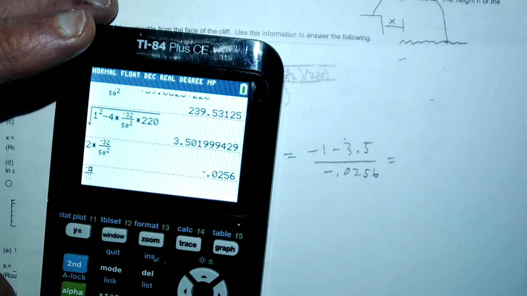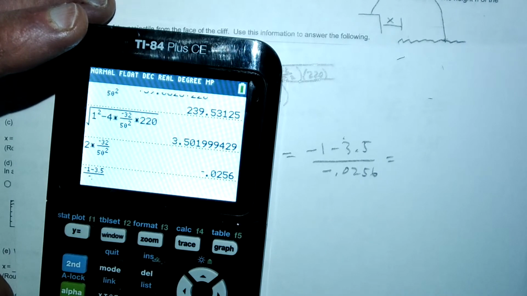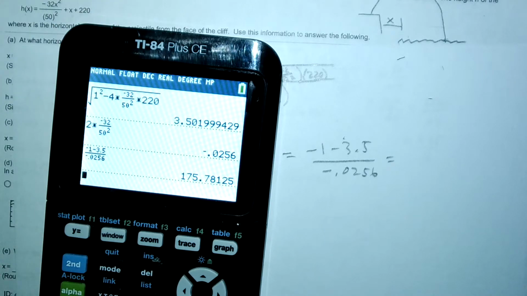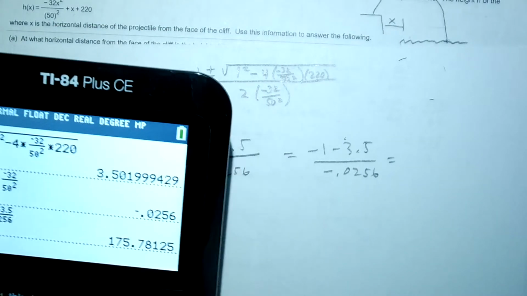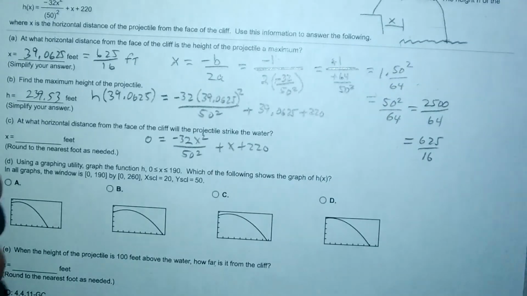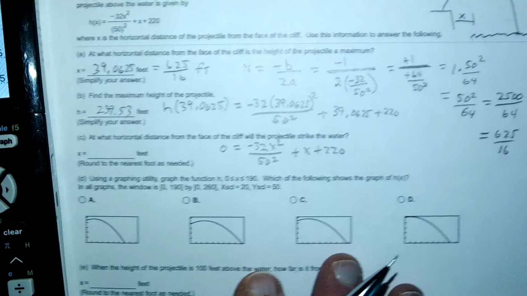I have negative 1 minus 3.5, and now I have to skip down to the bottom, and I'm going to do negative 0.0256, and I get 175.78 feet away from the cliff, and I could round that off. I don't know if it said to the nearest foot or not, but that would be the distance away from the cliff when the projectile hit the water, and that is this answer right here.